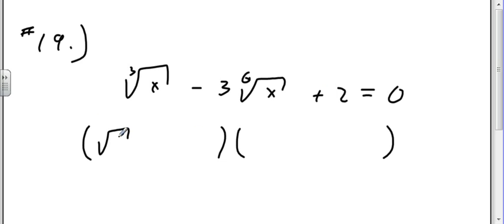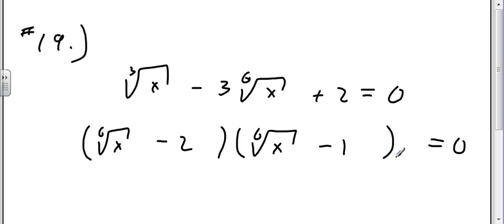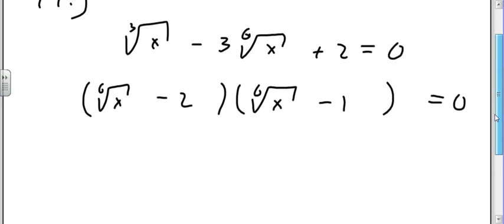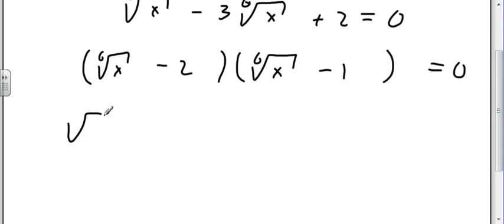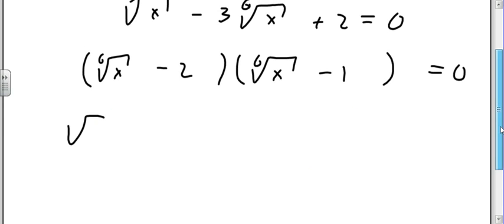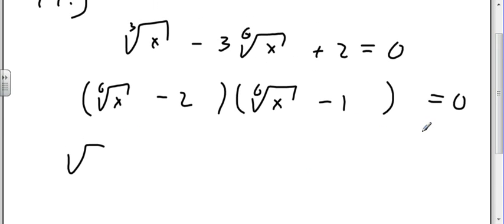The 6th root of x times the, with the 6th root of x there, I got minus 2 minus 1 is 0. Okay, so that looks good. So these, if we took, like, say, just the third root of x, we can take it as x to the 1/3 minus 3 times x to the 1/6 plus 2.